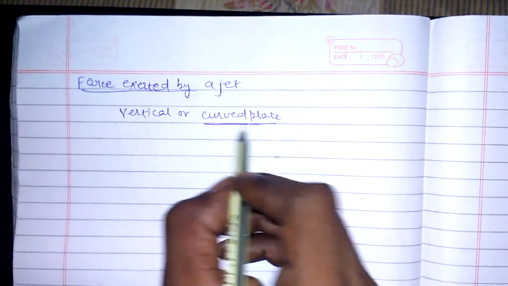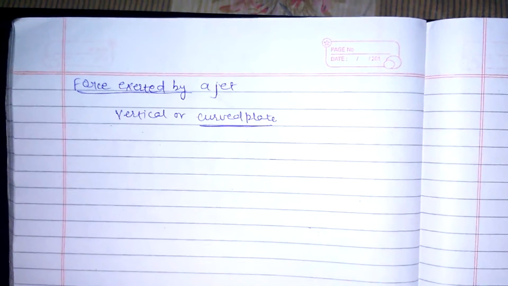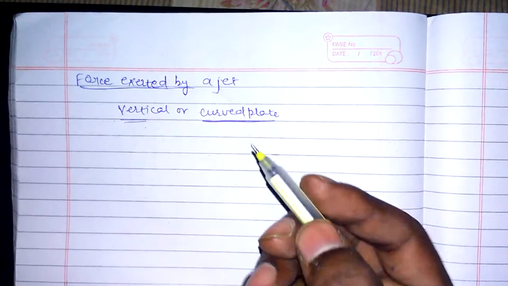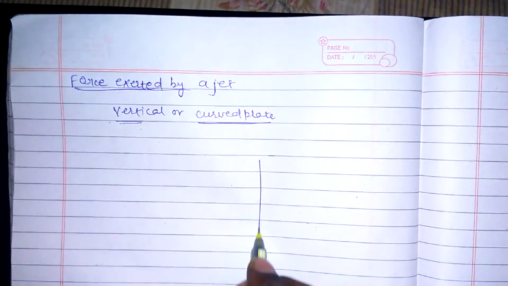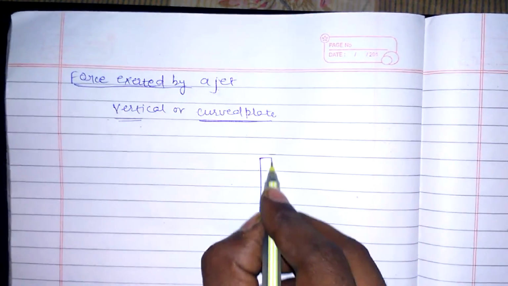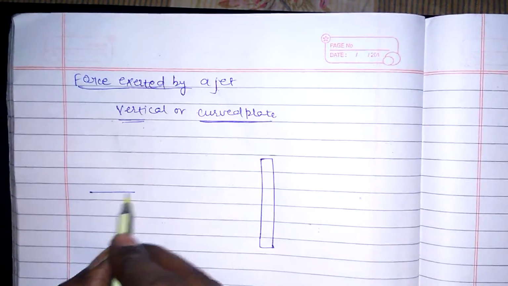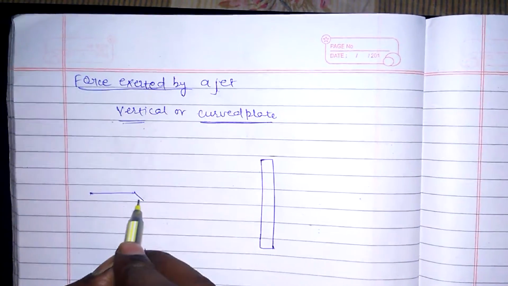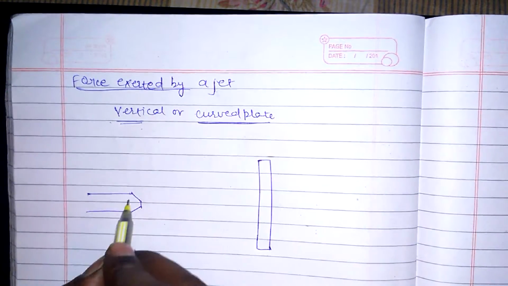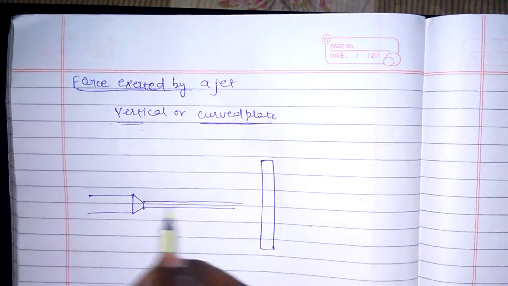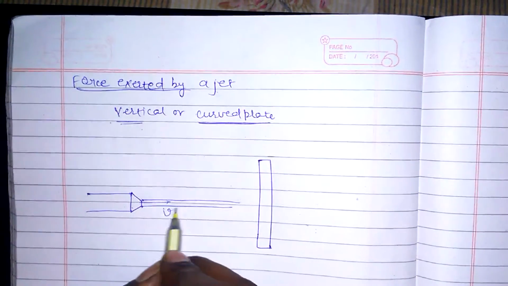Before going to the curved plate, I'll show you a single example of a vertical plate. Consider a vertical plate, and a jet of water is being sprinkled over it using a nozzle. Water is flowing with some velocity v.